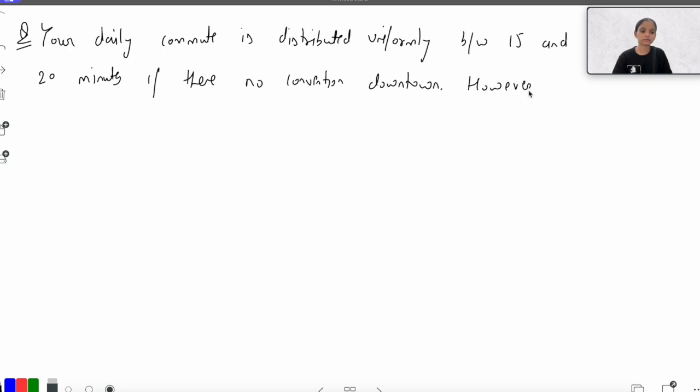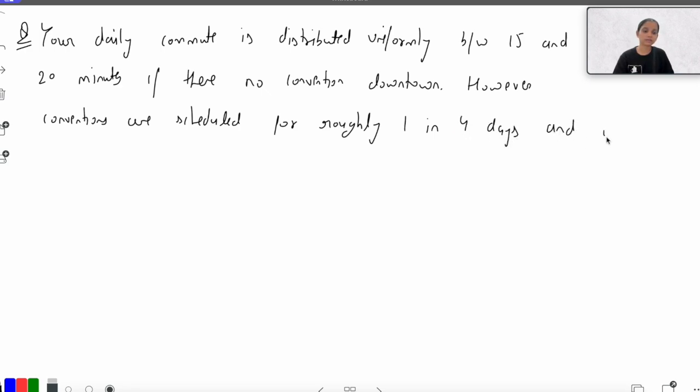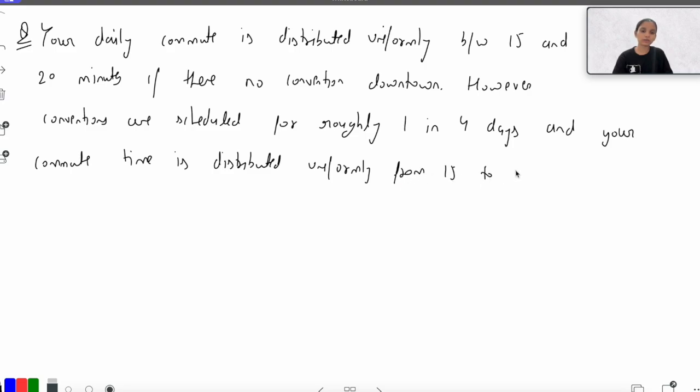However, conventions are scheduled for roughly 1 in 4 days, and your commute time is distributed uniformly from 15 to 30 minutes if there is a convention.